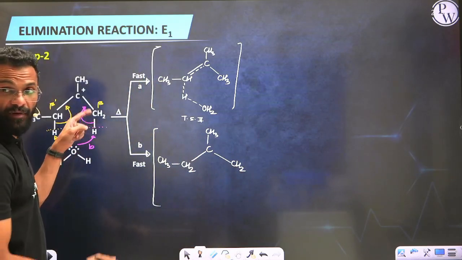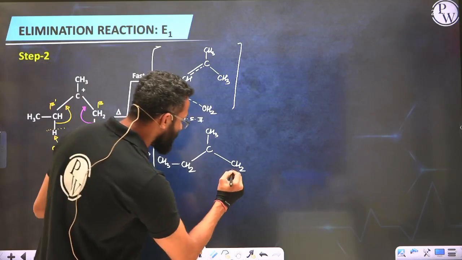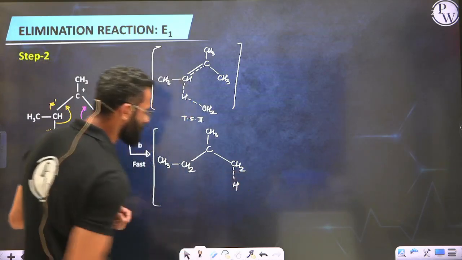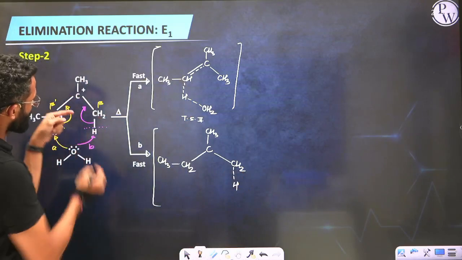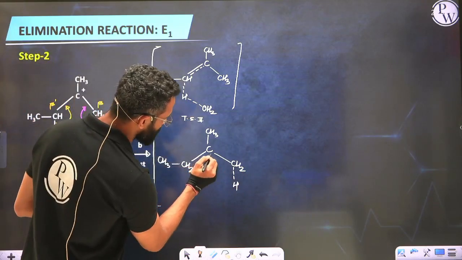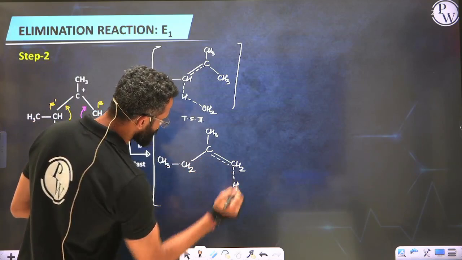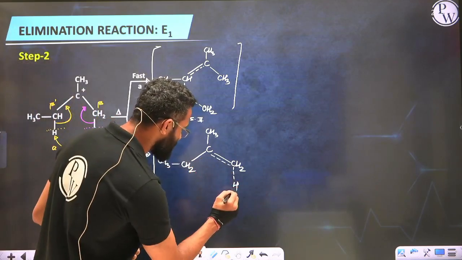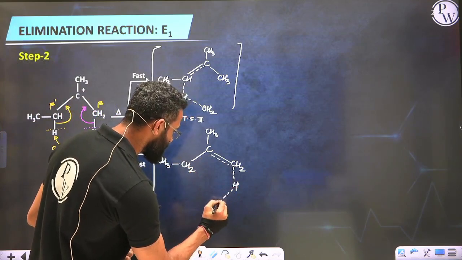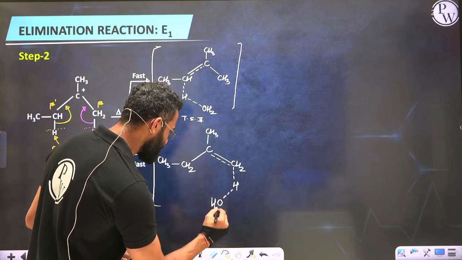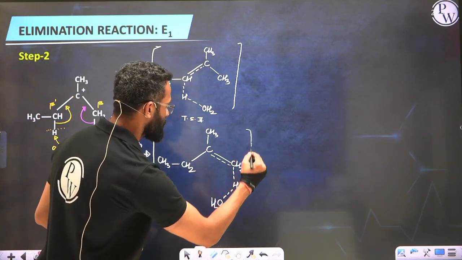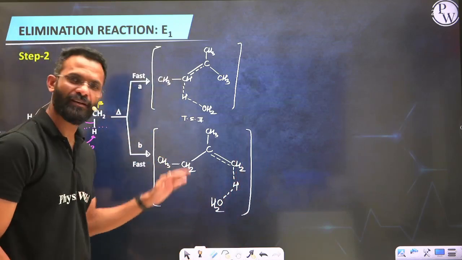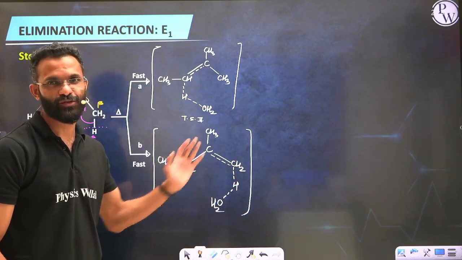From the beta carbon, the hydrogen is about to leave. So there is partial bonding in the carbon hydrogen bond, new pi bond formation between the cationic carbon and CH2, and oxygen is forming a new bond with hydrogen in order to abstract it. So depending upon path A and path B, we are getting transition states. Both will be called transition state 2.